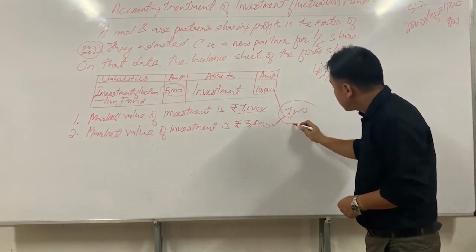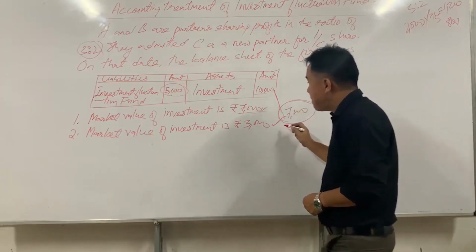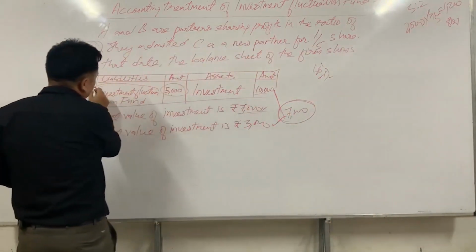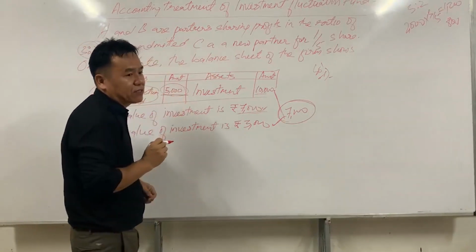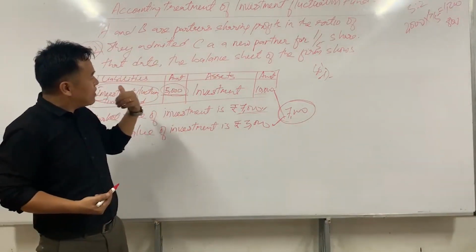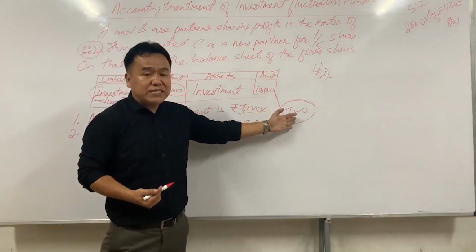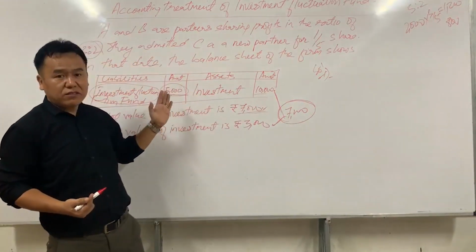So a loss of 7,000 should be made out of the investment fluctuation fund, and the fund available with us is only 5,000. Now tell me, can we make a loss of rupees 7,000 out of 5,000?